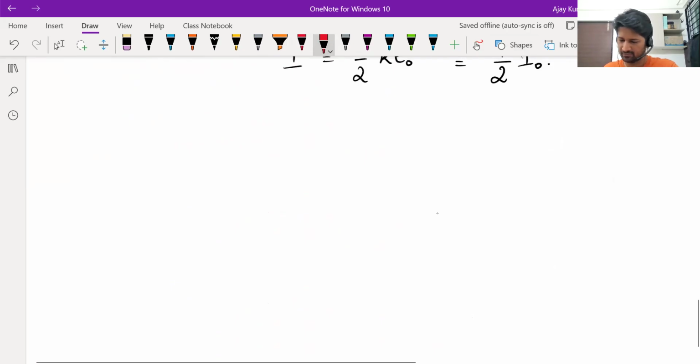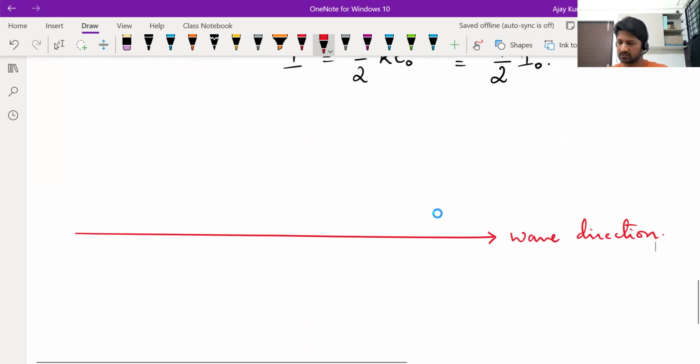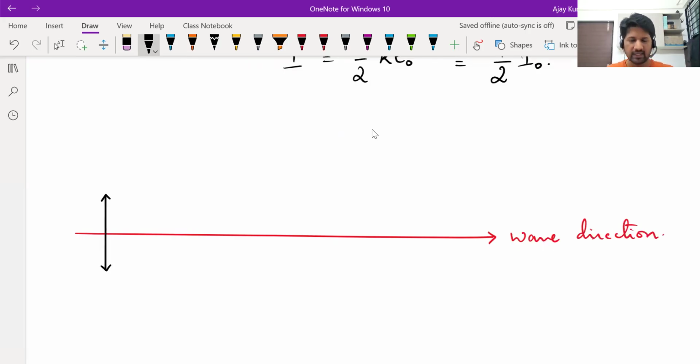Suppose an electromagnetic wave is traveling this way. Assume this is the x direction. Then electric field will be in the yz plane, means its electric fields will have y components and z components. So how they represent that is they show arrows and dots. If there's an arrow this way, it means there is electric field in the y direction. And if there is a dot here, it means it has electric field in the z direction as well.